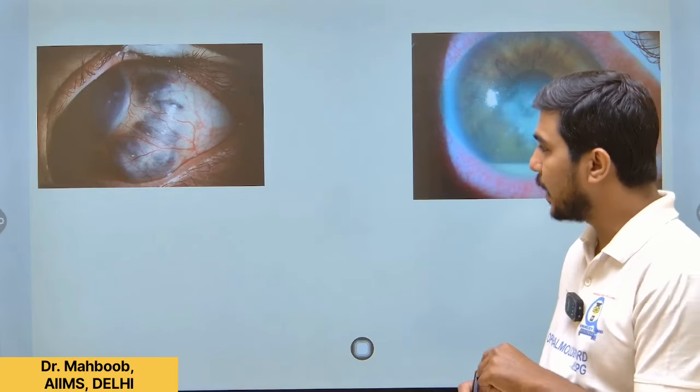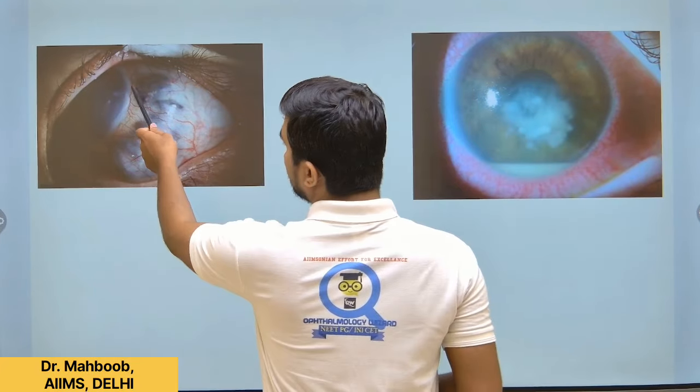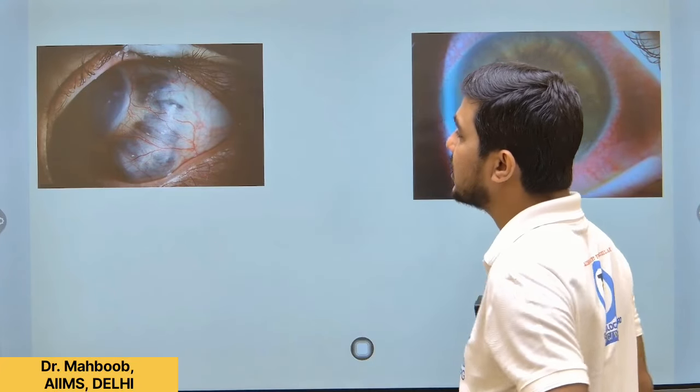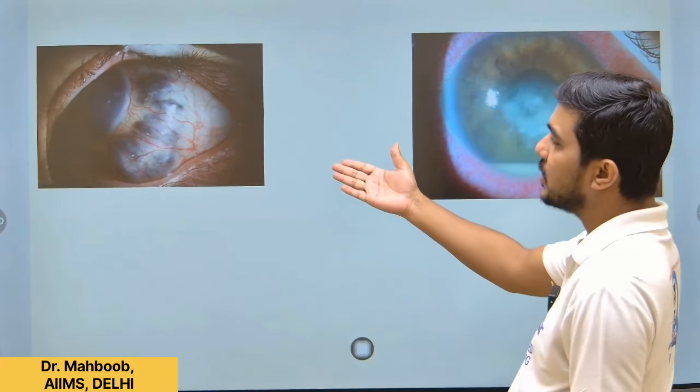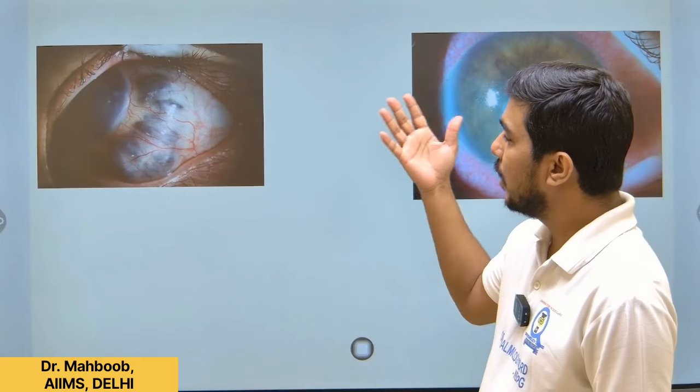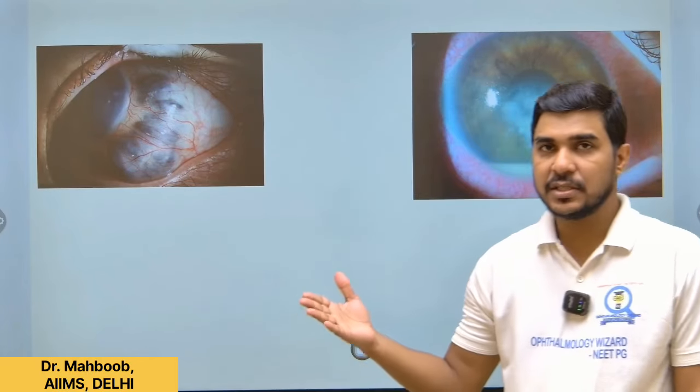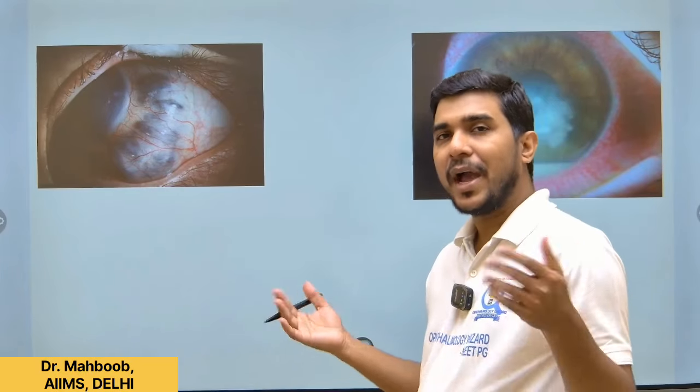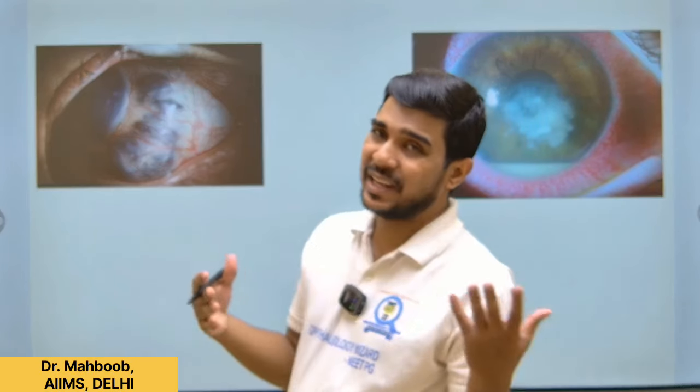Can you see the image? Yes, you can, I think. Okay, so what is this? You can see the blue sclera. It's because of the thinning of the sclera that the underlying structures are trying to protrude out. And why is the sclera thin? Because of some connective tissue disorder.